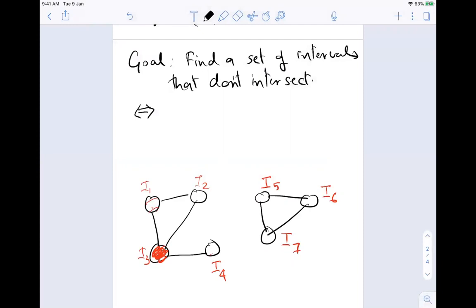So what do we want? Can somebody actually say, in the case of this graph, forget the complement, forget finding the maximum set of intervals, what is it that we want? Forget the maximum. I want a set of intervals such that they don't intersect, right?